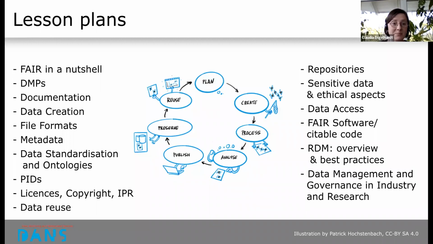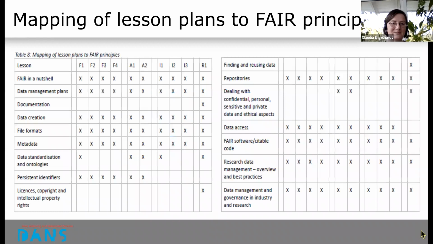The list of lesson plans or the topics of the lesson plans are not exhaustive. So we did what we could do with the capacities that were available. So not every little aspect is covered, but yeah, this might be something for the future. Who knows?